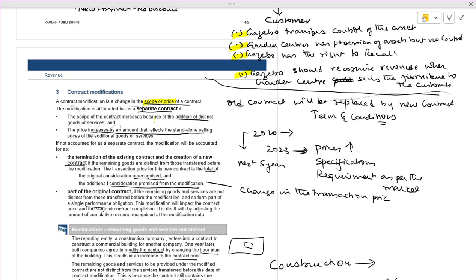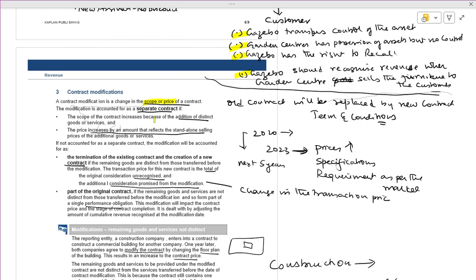The modification is accounted for as a separate contract, because the scope increases due to the addition of distinct goods. Instead of 1,000, it is 1,200.